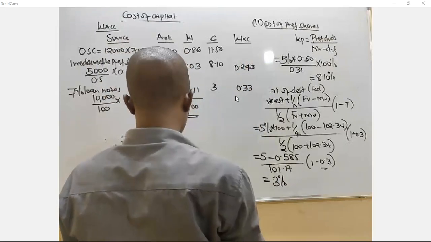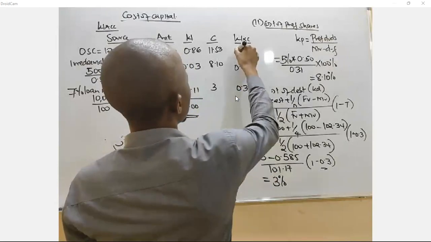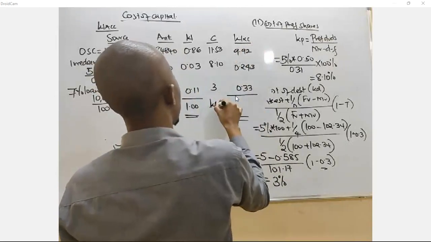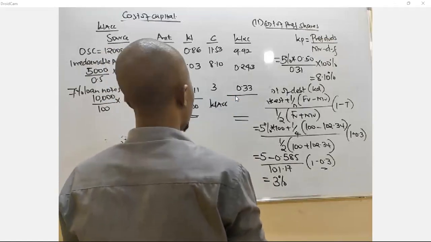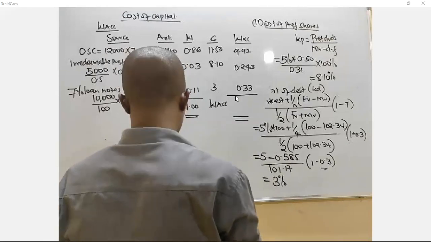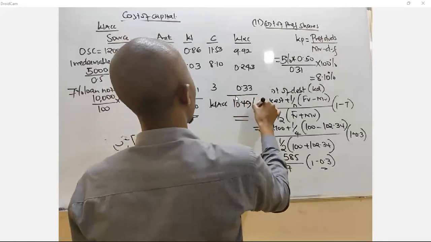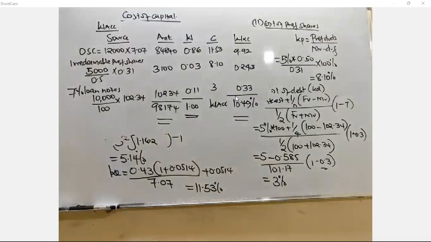Then the first one, 0.86, you multiply by 11.53, getting 9.92. So how much is your WACC? 9.92 plus 0.243 plus 0.33, getting 10.49%. That is how you normally compute those questions.